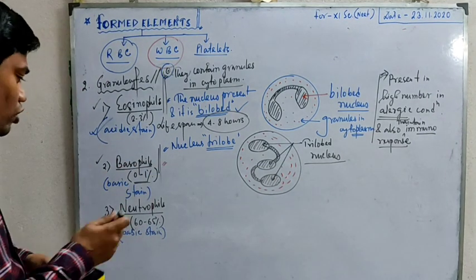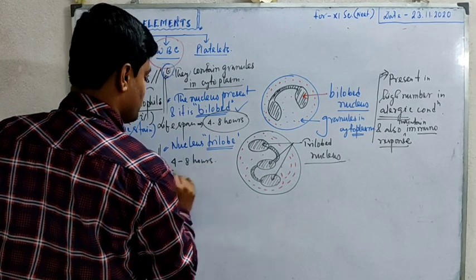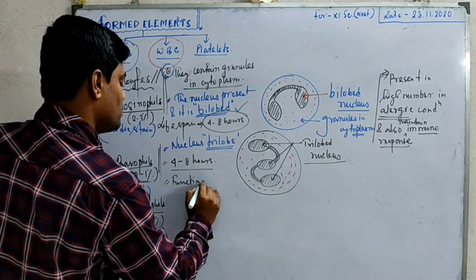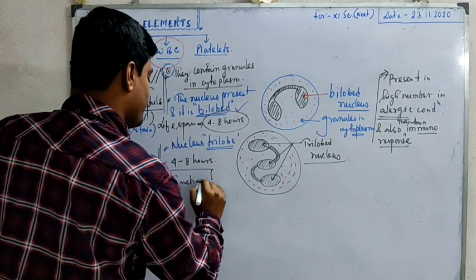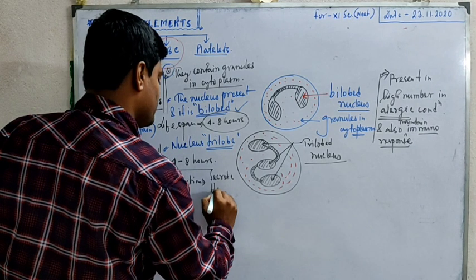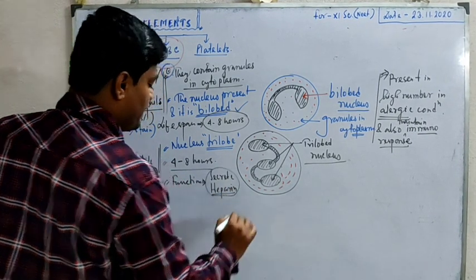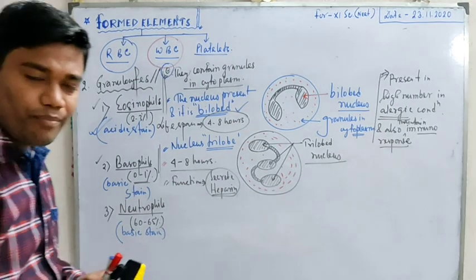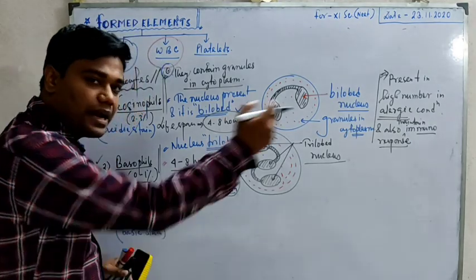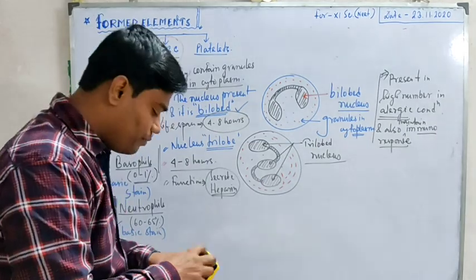Lifespan of basophil also 4 to 8 hours, and the main function of basophil, it secretes heparin. So blood does not clot in blood vessels. Okay, it prevents blood clotting within blood vessels.